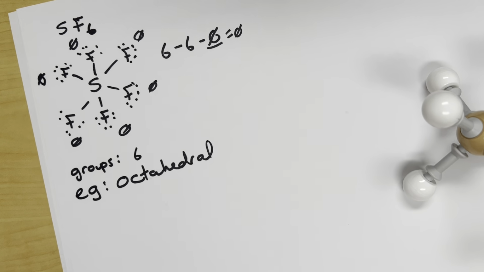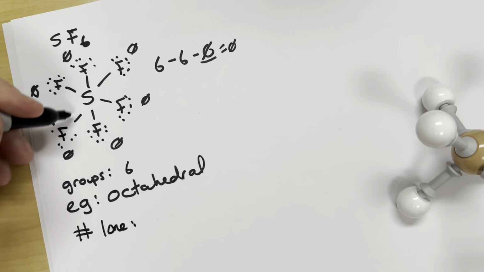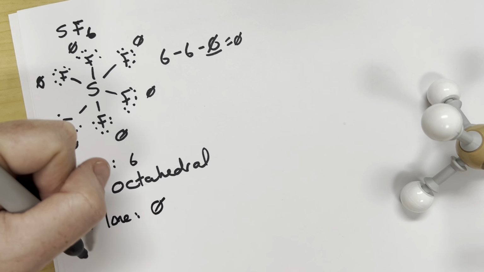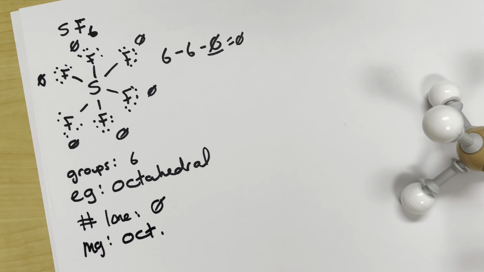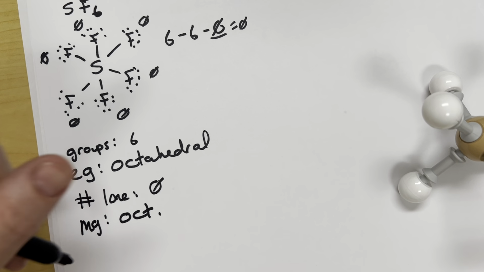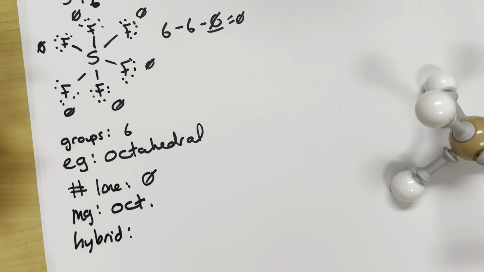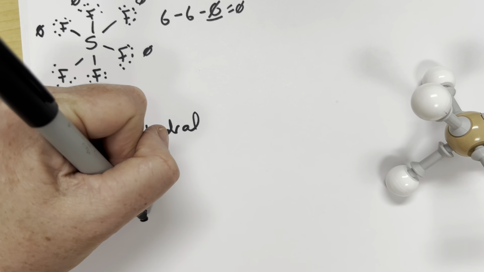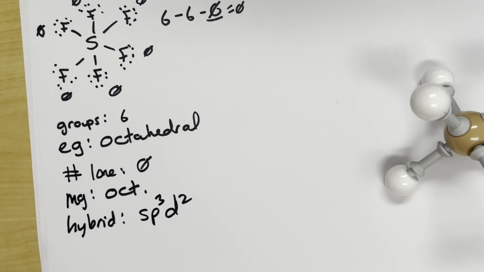Okay. So the number of lone pairs this has is 0. So we already know its molecular geometry must also be octahedral. Its hybridization. So we're going through 1 S, 3 P's, and 2 D's in order to get 6 letters.